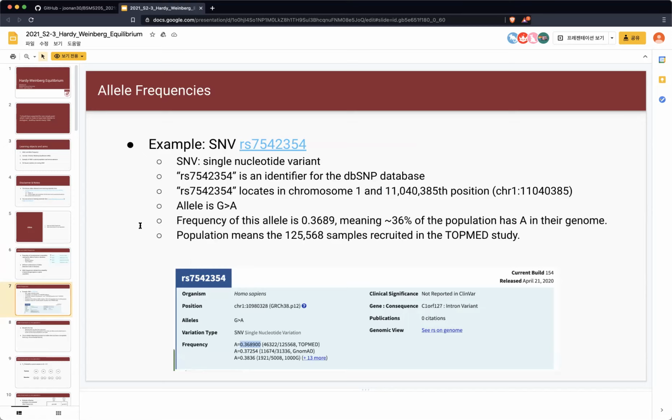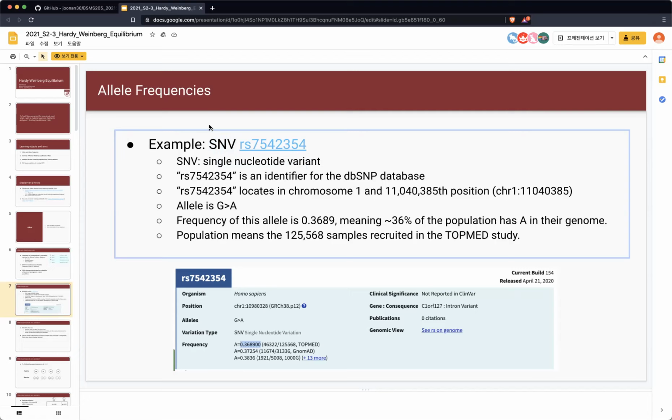But I'll discuss that later. Mutation and variant are slightly different, and variant is a more precise and more comprehensive word, and there are many various types of variants. One is the SNV, which is the single nucleotide variant, and we have a database of these variants.